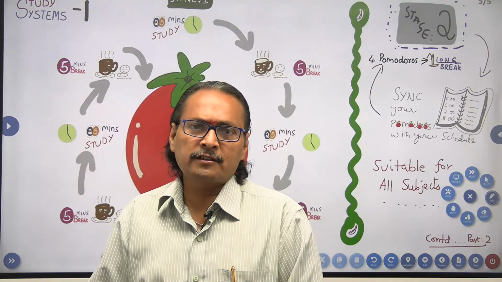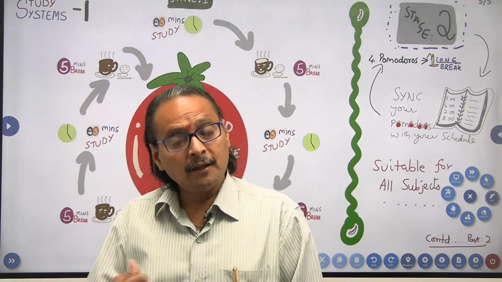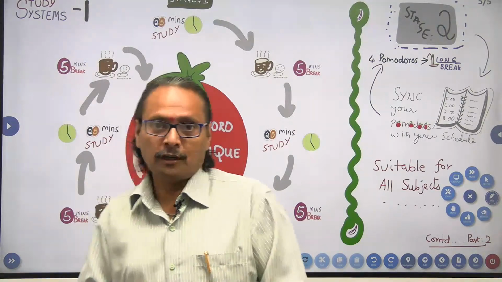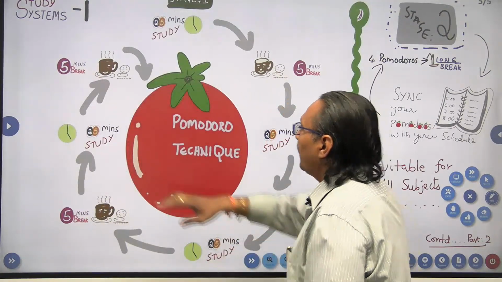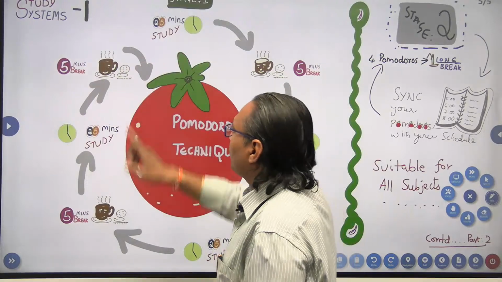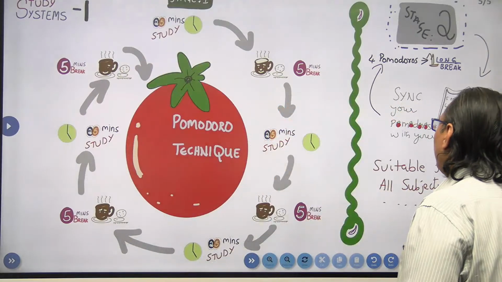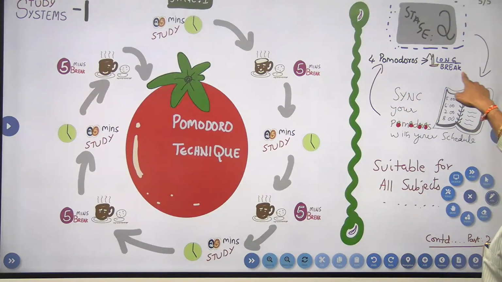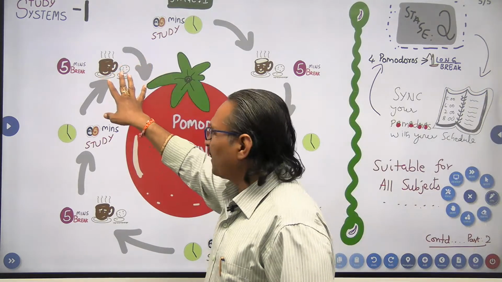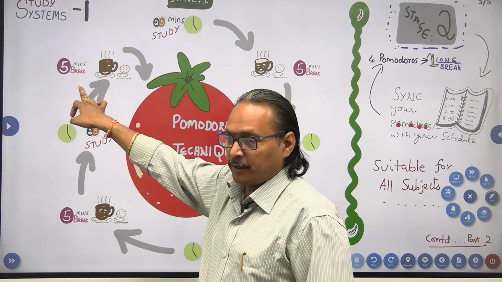Especially day scholar students will have this advantage, whereas the hostel students may not have this particular advantage. So like that, you complete 4 Pomodoros, 4 cycles, and that can be considered as one single unit: 4 Pomodoros, 1 long break. After this, it is better not to take just a 5 minute break.